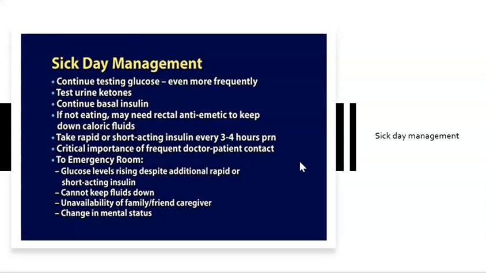And they're still going to take the rapid acting or short acting insulin when they check their blood sugar. They could still have blood sugars in the 300s even when they're not eating. And then they need to know when to contact their doctor and when to go to the emergency room.